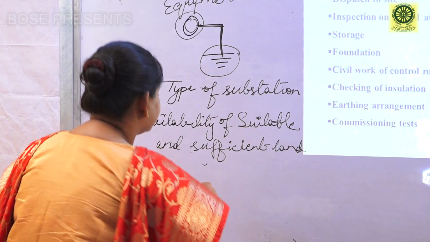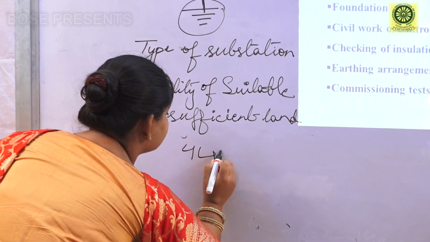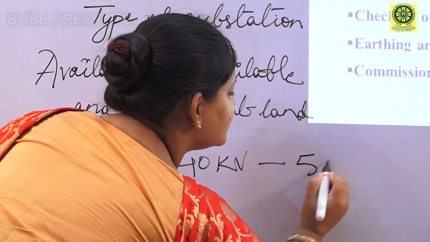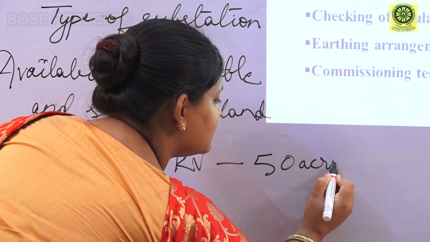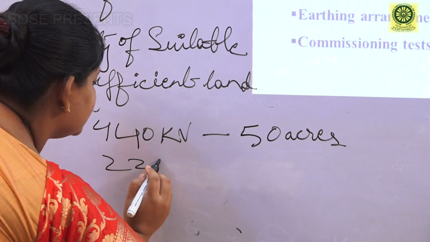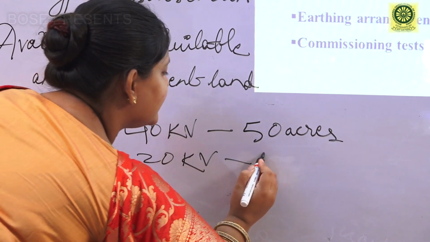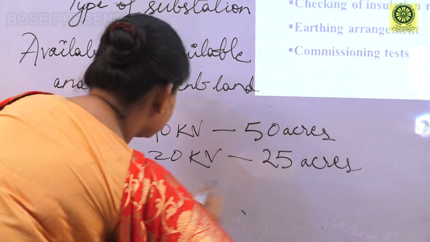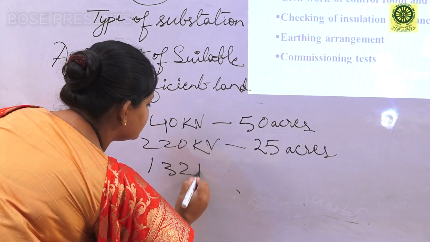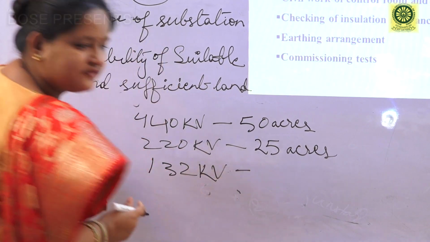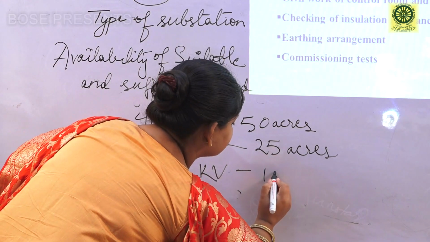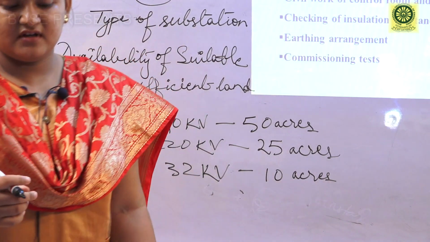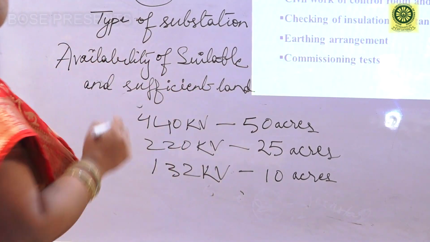Now for a 440 kV substation we need 50 acres of land. For a 220 kV we need 25 acres of land. Similarly for a 132 kV we need 10 acres of land, and likewise.